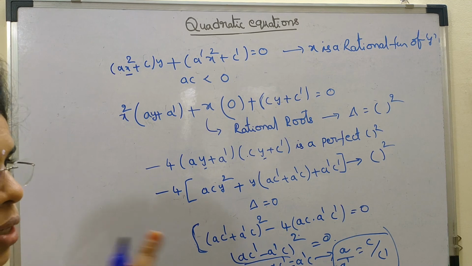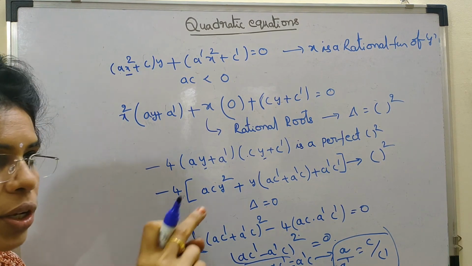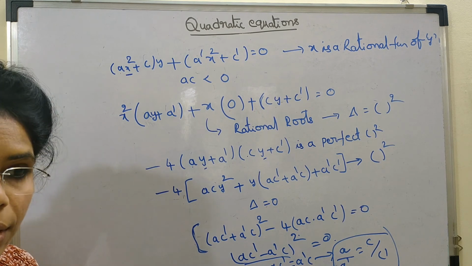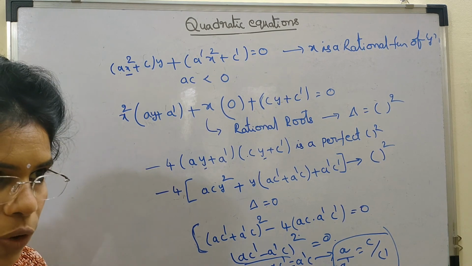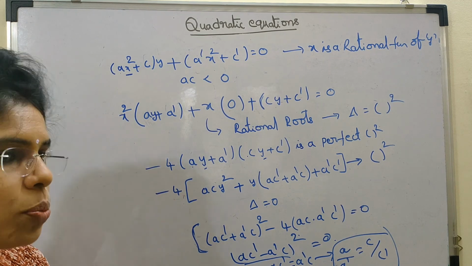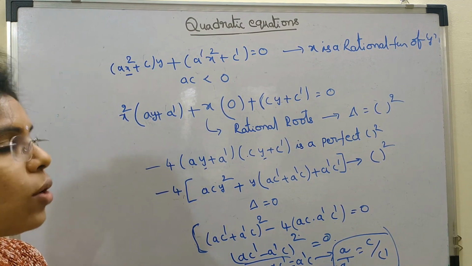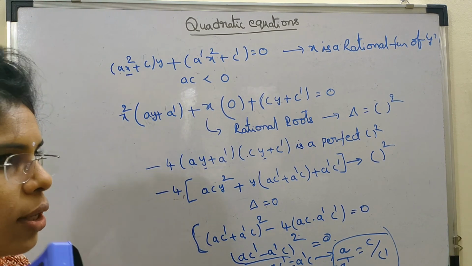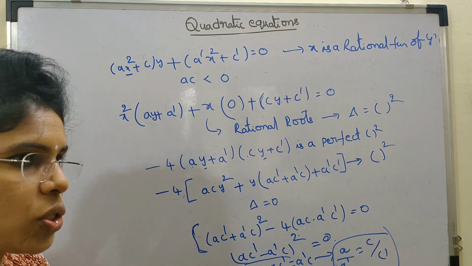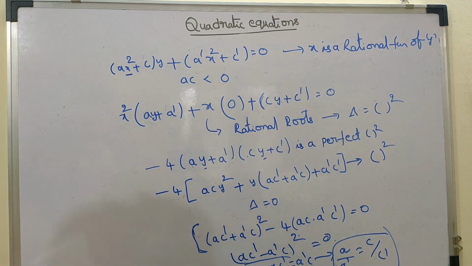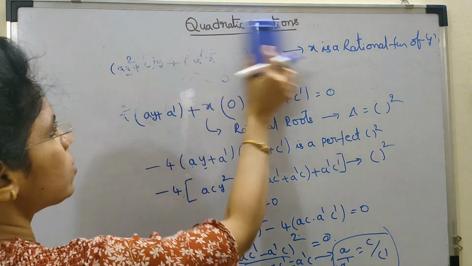And one more condition: what is the condition for a quadratic equation to have integral roots? a should be equal to 1 and b, c should be integers, and again the discriminant should be a perfect square. In that case you will get integral solutions.